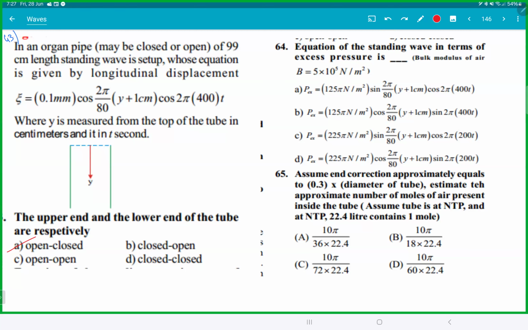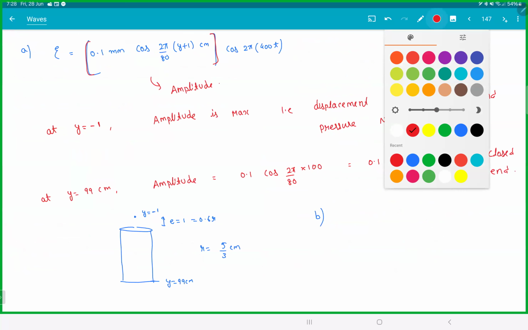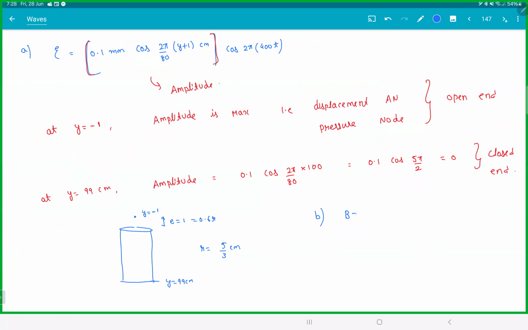You need rho? No, rho won't be needed. Which formula do we have to use for the second one? Bulk modulus is equal to... dP is equal to minus bulk modulus times dou y by dou x. Hope you remember. So in this case, in place of y we have that weird symbol and in place of x we have y. So you have to do partial differentiation with respect to y.